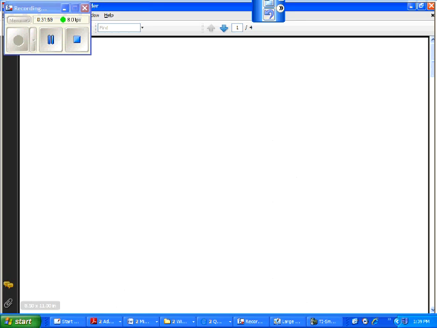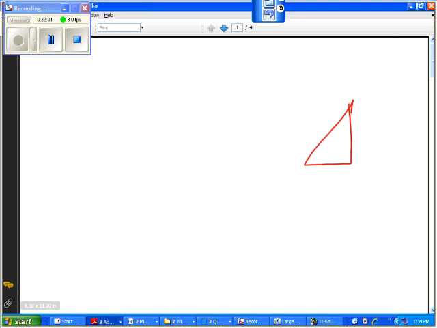Let's get our triangle again. A, little a, angle C, little c, angle B, little b. We've got that angle A is equal to 16 degrees and 55 minutes.